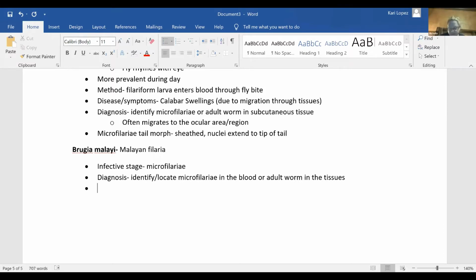We also want that the Malayan one is going to be a nocturnal species.